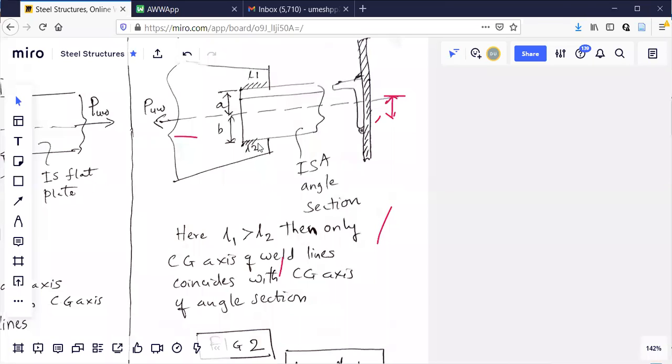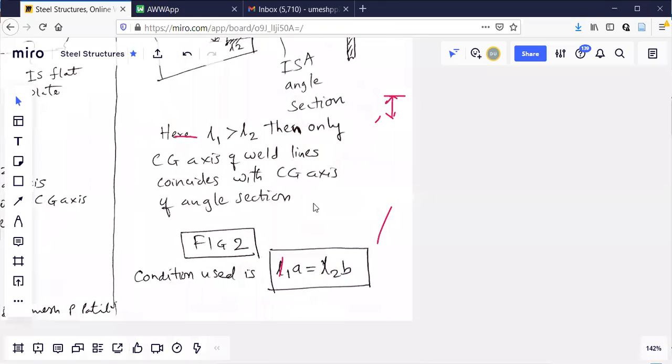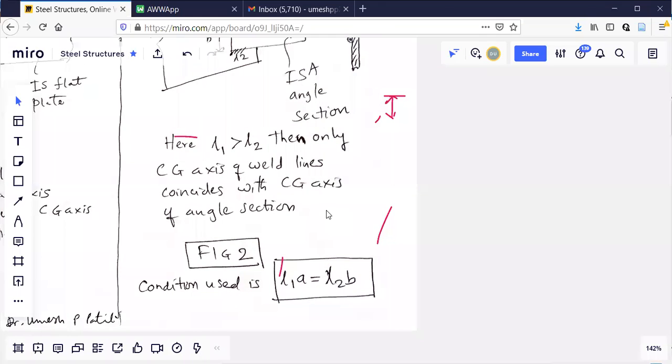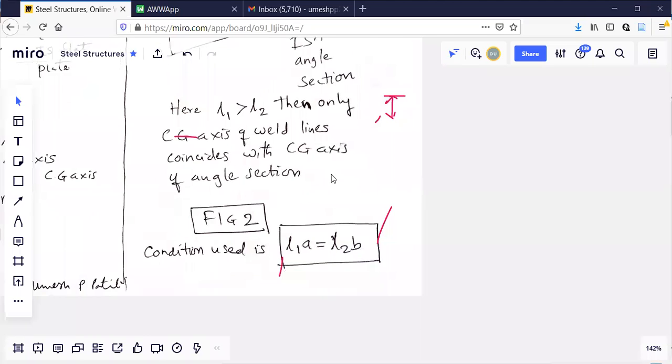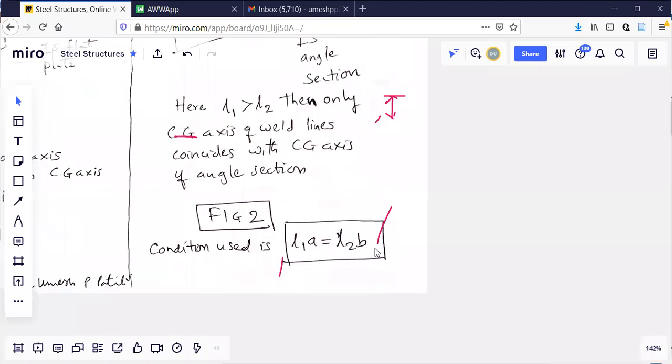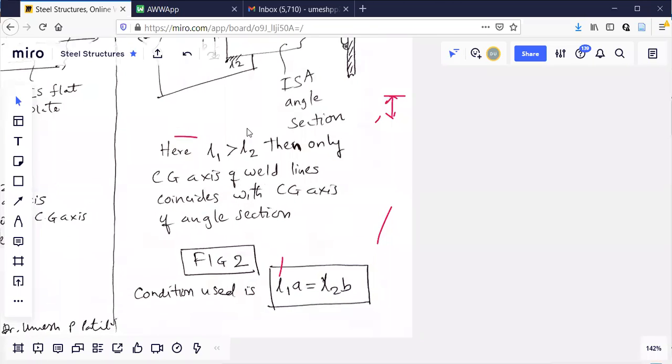It is actually the moment is not produced here, but let us say the force in this top weld is F1, force in this bottom weld is F2. So the moments produced by these two must be the same, which is further reduced into L1A is equal to L2B. So I'll solve one problem in which this formula is used. I'll show you that one.